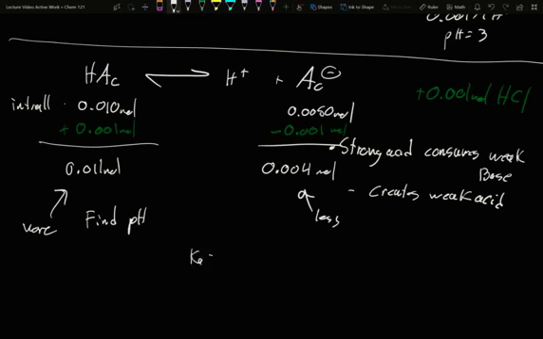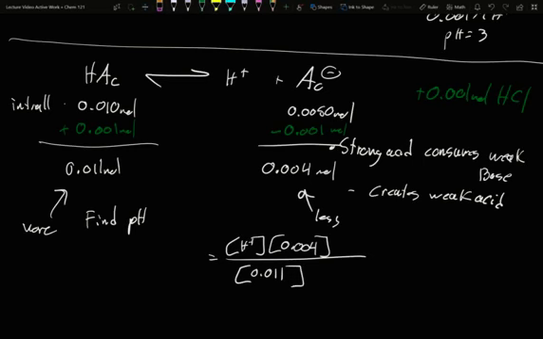Well, our Ka is still going to equal whatever the balance will be from this equilibrium for H+. Our new AC minus of 0.004 instead of 0.005. And our new HAC of 0.011. So we've shifted it just a little bit.